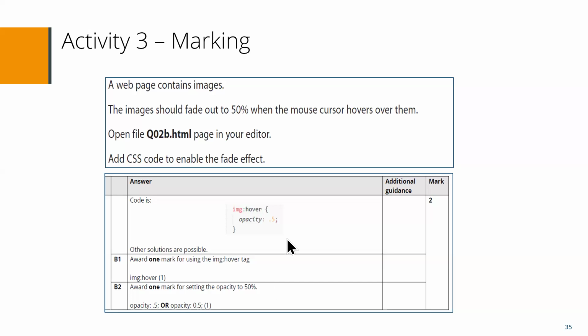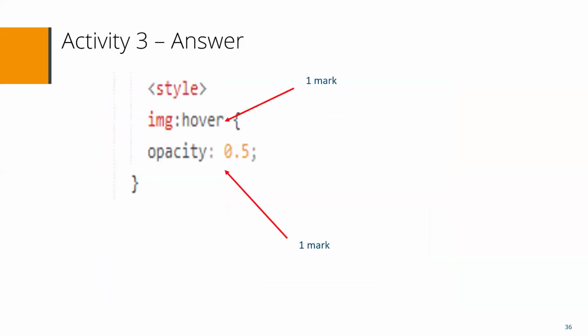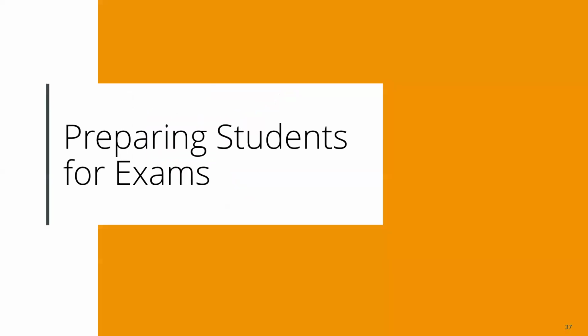So you might want to point out to the students that even if they get things wrong, they might get some marks, because we will examine the code to see why their actual visual marking didn't work. So 1 mark for hover, 1 mark for 0.5. I hope that makes sense.